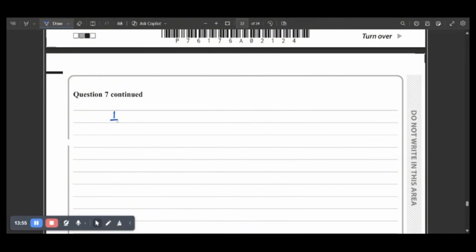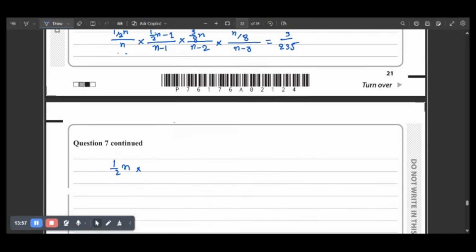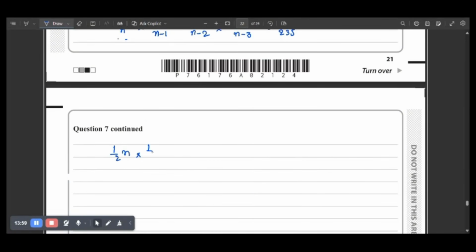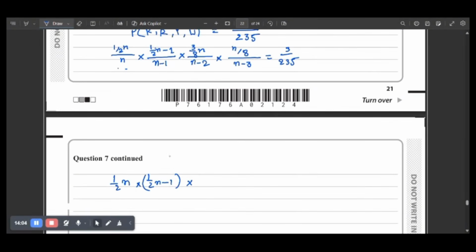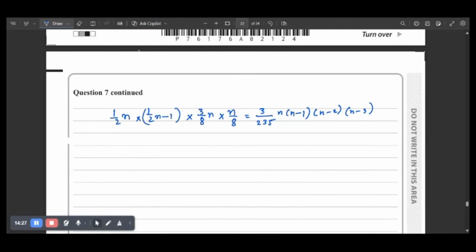This will look like this. We can simplify further.